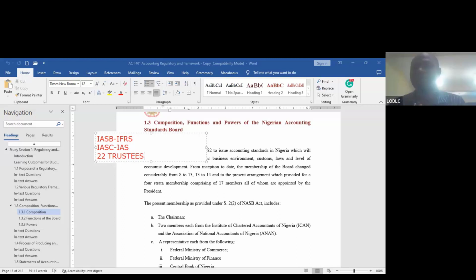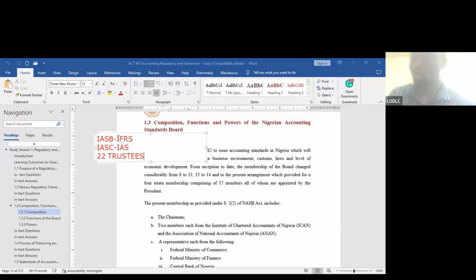The main function of IFRS Advisory Committee is they are the standard setting bodies. So their major role is to advise the ISB in all the financial reporting issues. That's their main function. The main function of IFRS Advisory Committee is to advise the what? Is to advise the ISB in what? In every financial reporting issues.